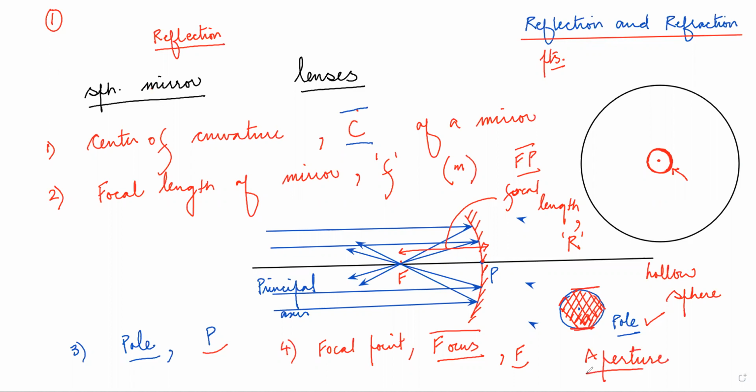Aperture. Okay. Now, for small aperture mirrors, means for mirrors having small reflecting areas.